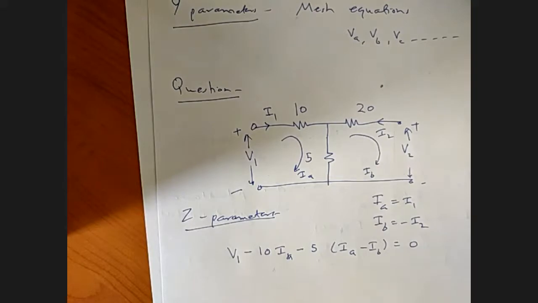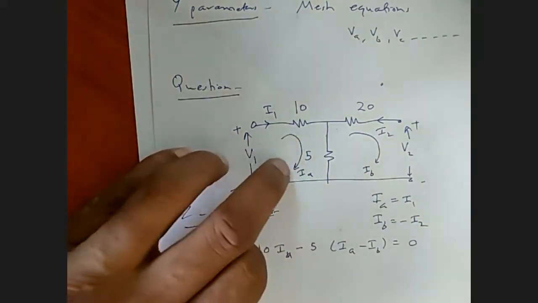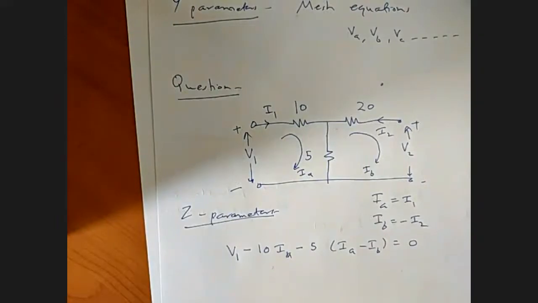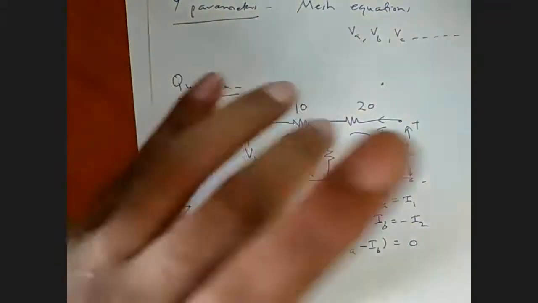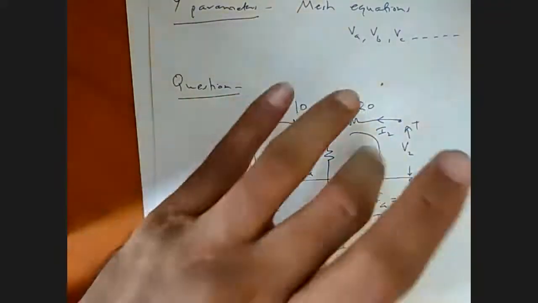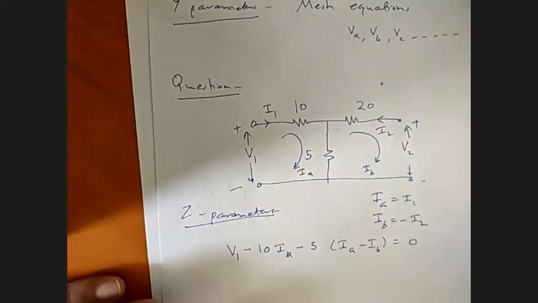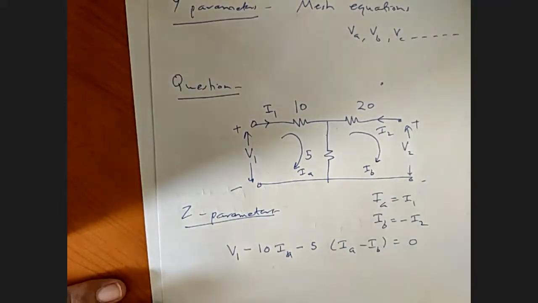Don't consider कि I1 क्या है, V1 क्या है, V2 क्या है और I2 क्या है और उसकी direction क्या है. तो इसीलिए I have told you always use loop equation as IA, IB, IC. And previously we are writing I1, I2 and I3. So to remove the conflict, we have considered I1, I2 and IA and IB. So for this, you can consider IB opposite. That is not wrong, but it is always preferred कि you will write equation in same direction.